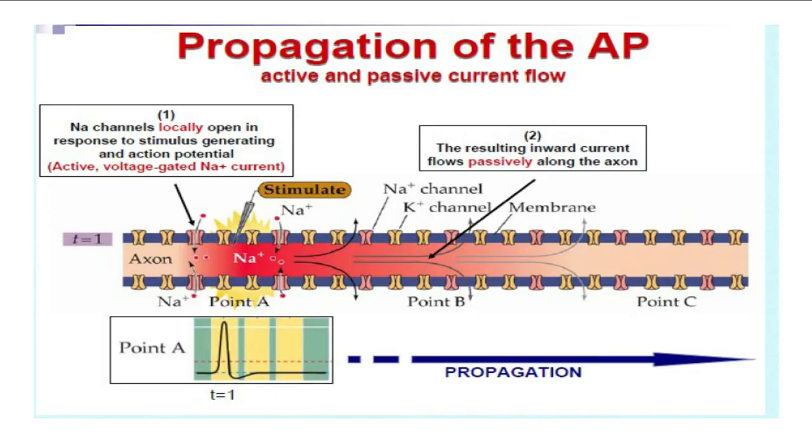Insulation is provided by the myelin, and we do not need to open all the sodium channels in the case of saltatory conduction. In this picture we see that the stimulus is provided at one point, and there is a leakage of a high quantity of sodium ions into the nerve cell. So the sodium channels locally open in response to the stimulus, generating an action potential, because when sodium enters the cell, it creates positivity, and if this positivity reaches the threshold level, it will cause an action potential.